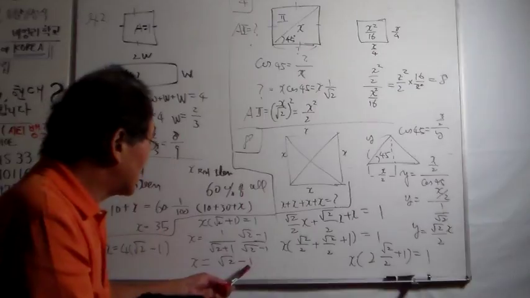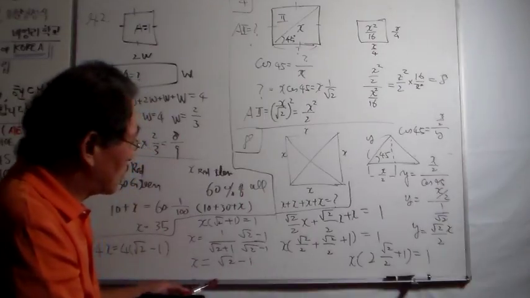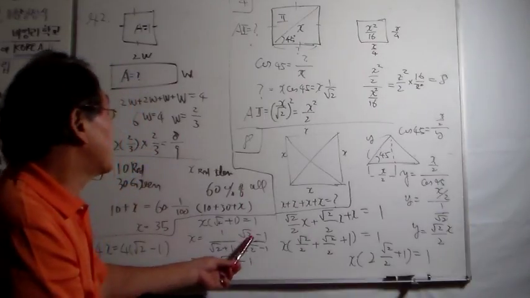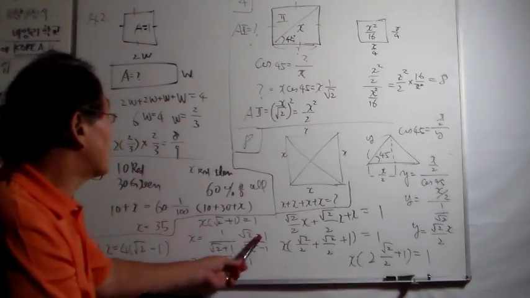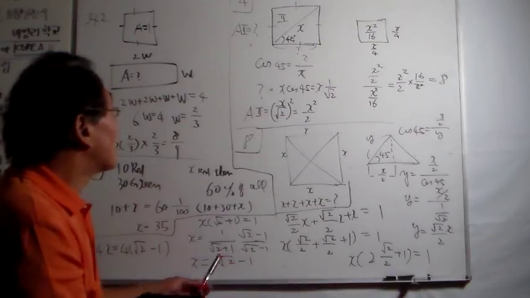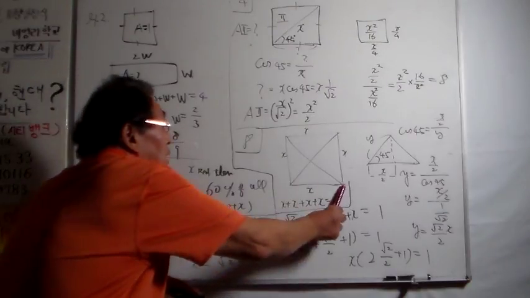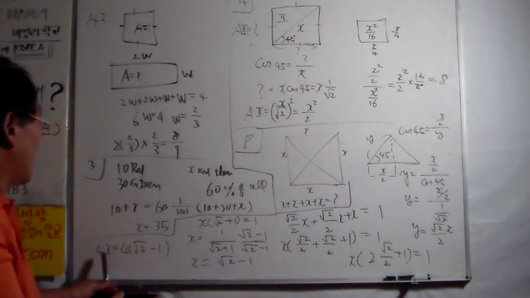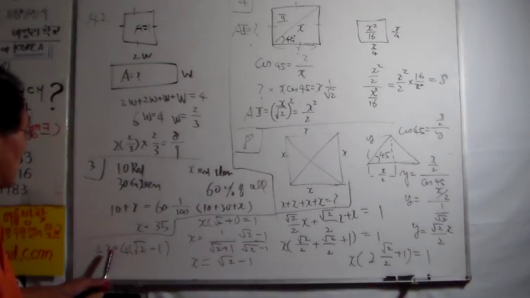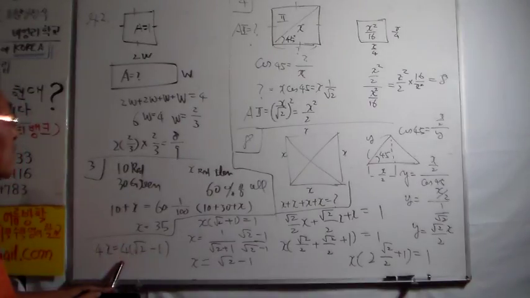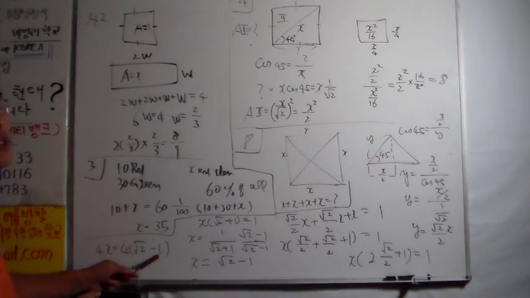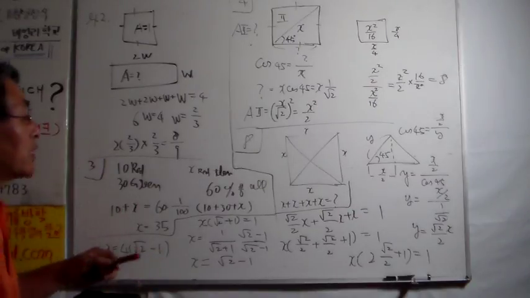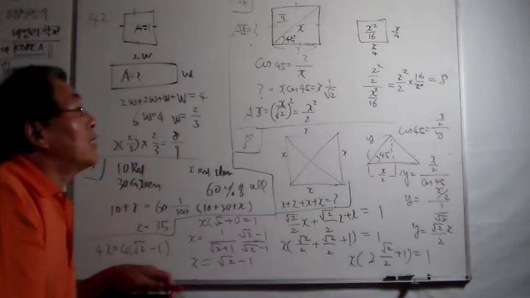So x is root 2 minus 1. What is the perimeter of this? 4 times x. x is root 2 minus 1. The answer is 4 times (root 2 minus 1). That's what it is.